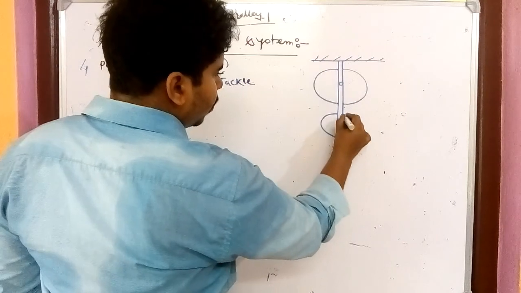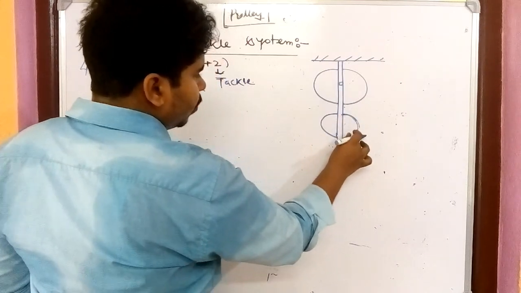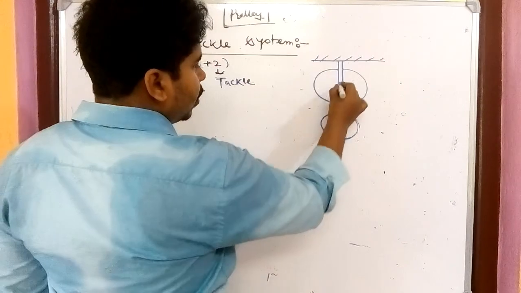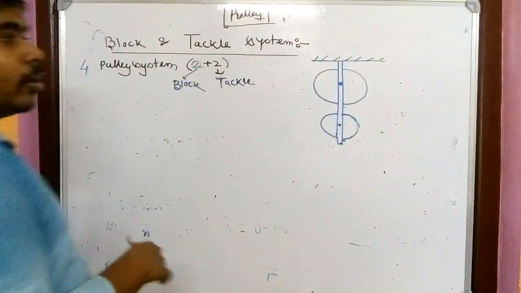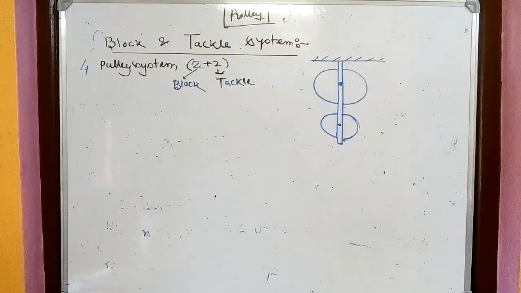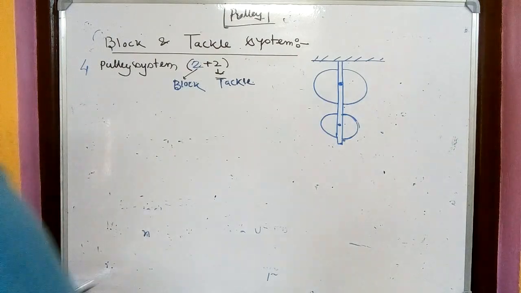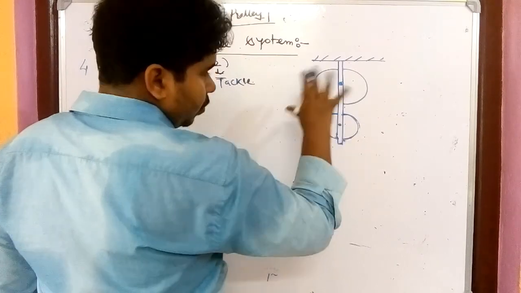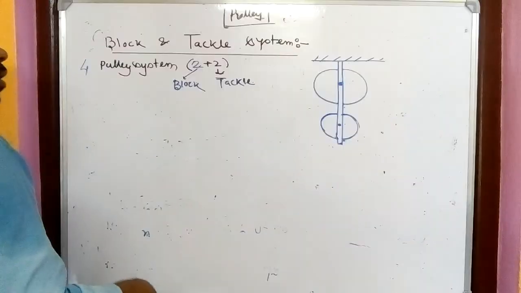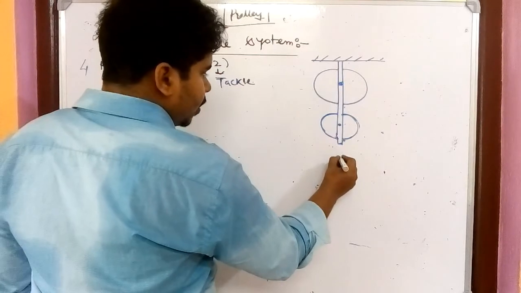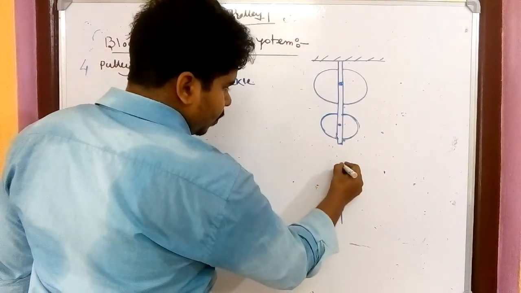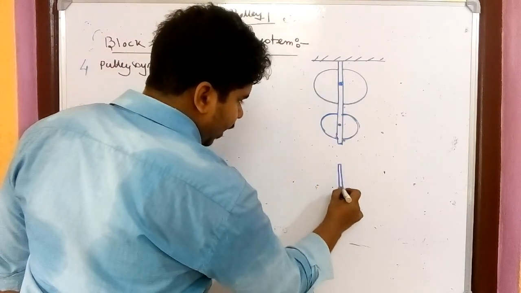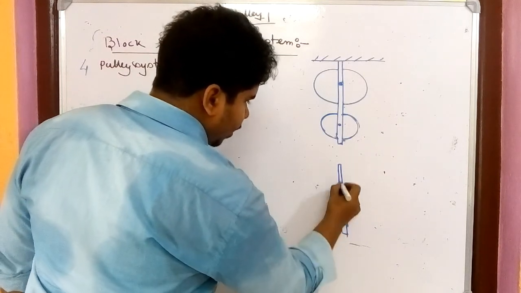Okay, as I have drawn by hand, there is some problem. If you use different coins, a coin of 1 rupee, 2 rupee, 5 rupees, 50 paisa, 25 paisa, though it is not used now, then this drawing would be easier for you. Otherwise you can use your compass. So here the block is formed. Next, for tackle, this is another frame.